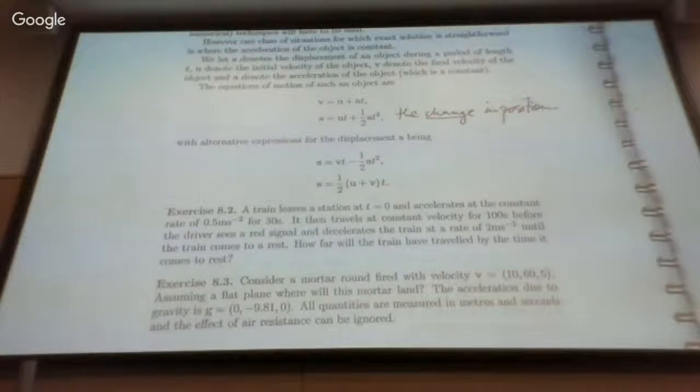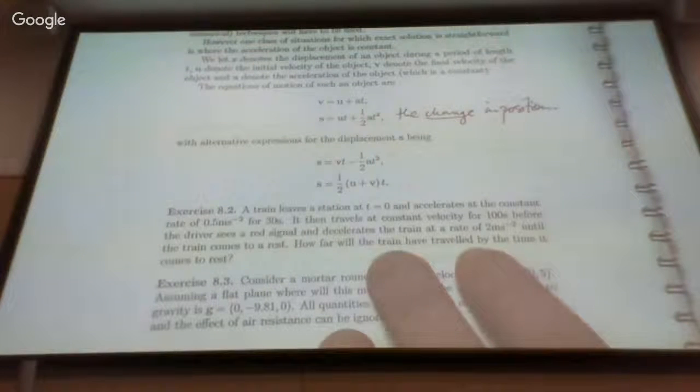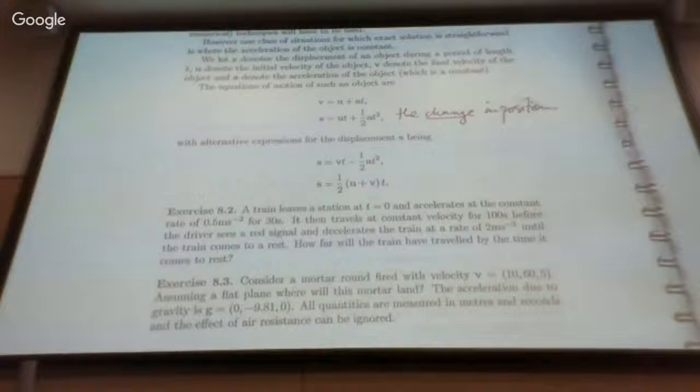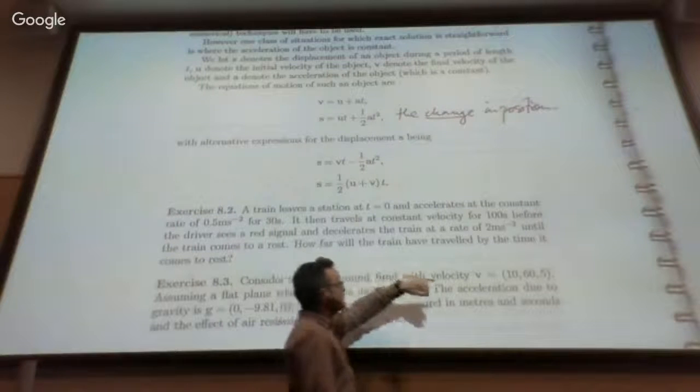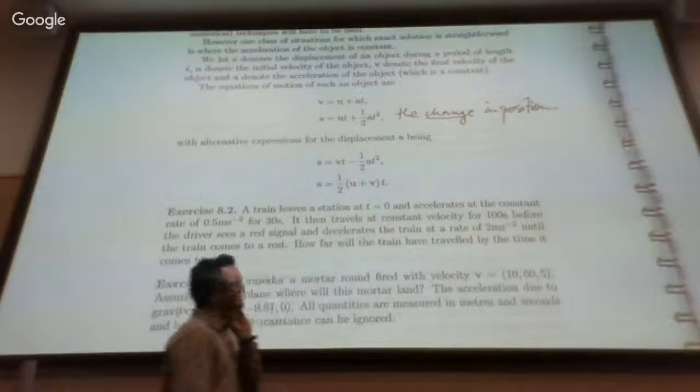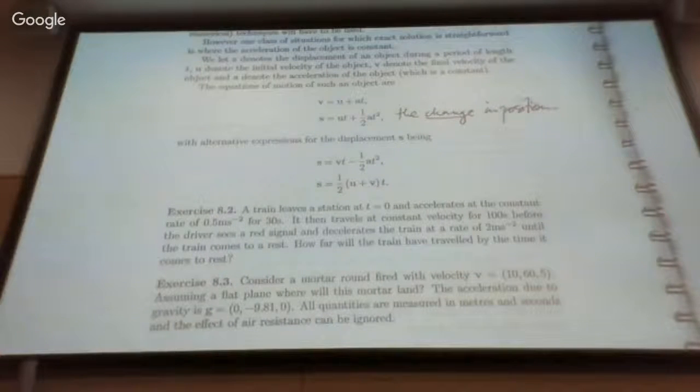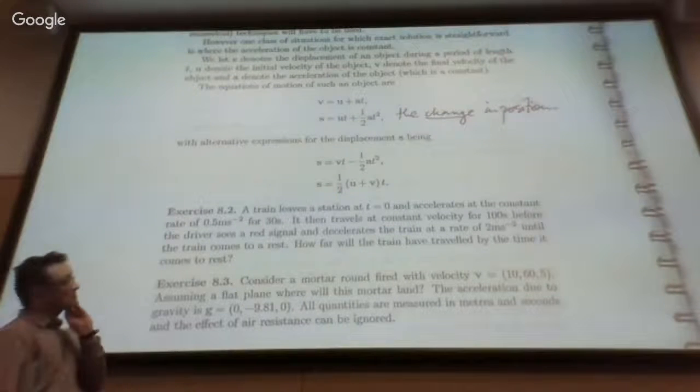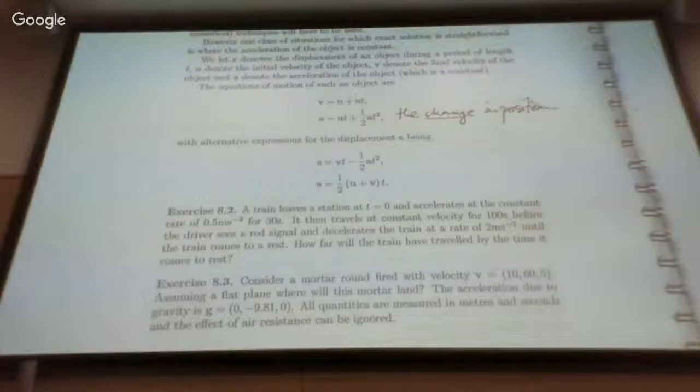Just to do some work with these equations, we're going to think about a train leaving the station at time 0 and accelerating at a constant rate of 0.5 meters per second squared for 30 seconds. It's then going to travel at a constant velocity for a further 100 seconds, before beginning decelerating at a rate of 2 meters per second squared until it comes to a rest. So how far has the train traveled by the time it comes to rest?